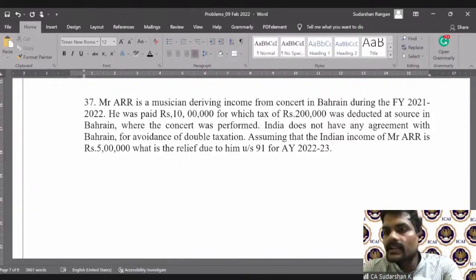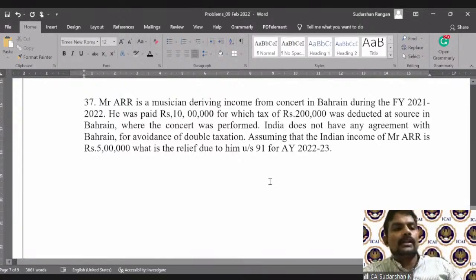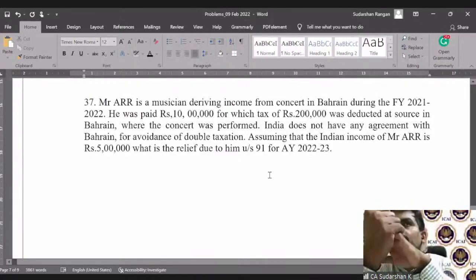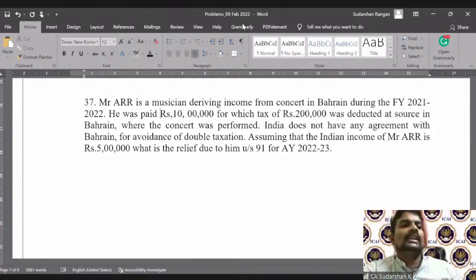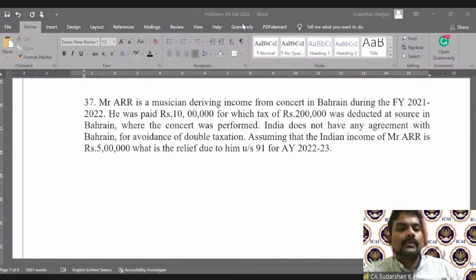Looks like they have withheld tax at 20%. Now, he also has an income of 5 lakhs in India. So he needs to know what is the relief due to him under section 91. Section 91 of the Income Tax Act gives unilateral relief. That is, where there is no tax treaty, India gives a credit.